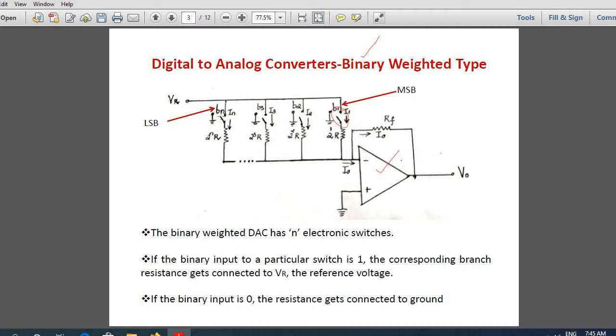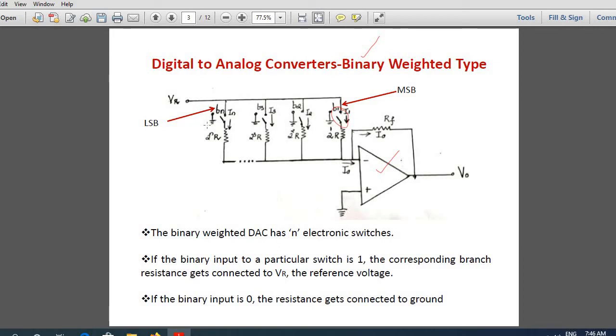Look here, using the switch, each of these resistors can be connected to either VR or to ground. There is a ground in every branch. So, the purpose of the switches is to connect the resistors in the different branches to either the reference voltage VR or to ground.